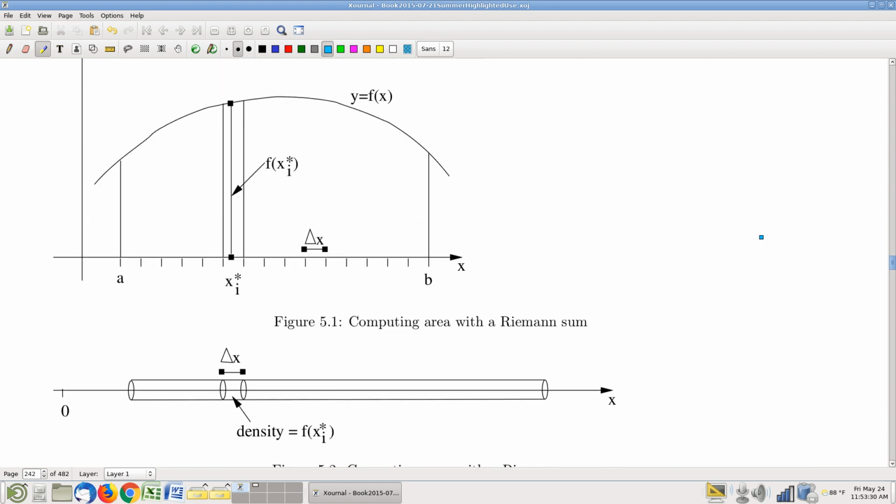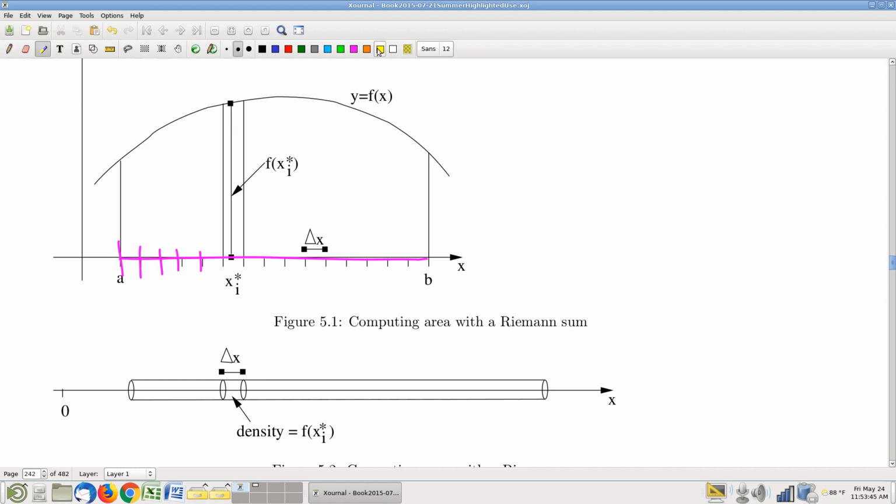What do I mean by that? Well, I can take this interval and chop it into little pieces. Furthermore, the thing that I'm interested in is a sum over those little pieces.